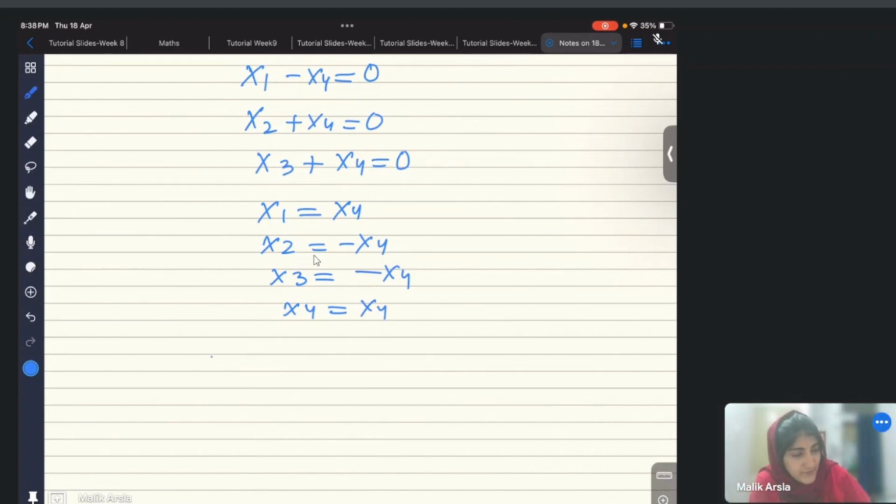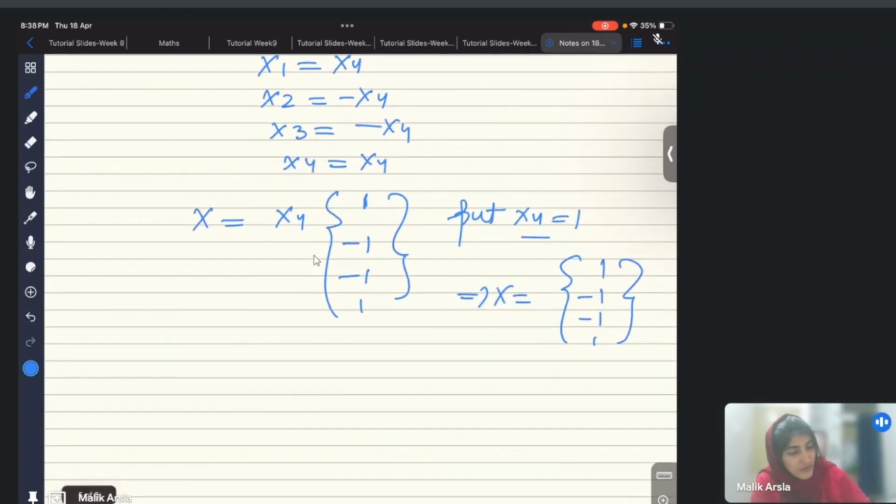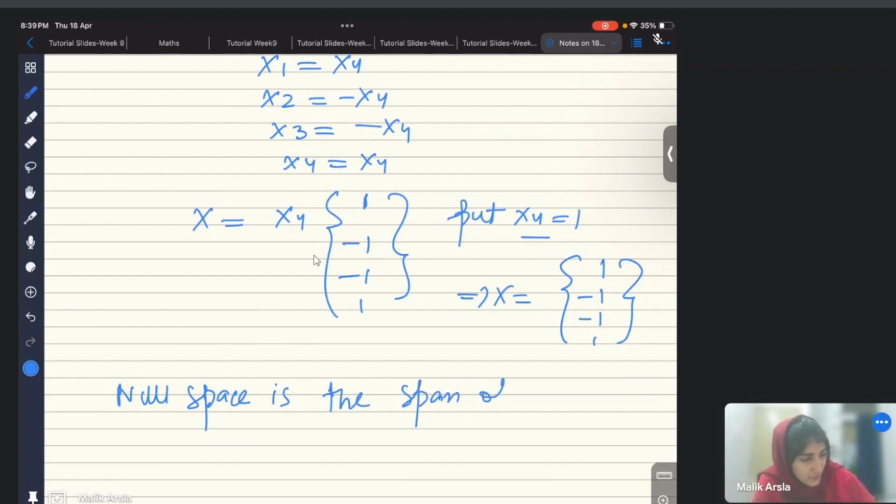Now we can simply write x is equal to x4 times 1, minus 1, minus 1 and 1. So put x4 is equal to 1. It implies x is equal to 1, minus 1, minus 1 and 1. So we can simply write null space is the span of this vector.